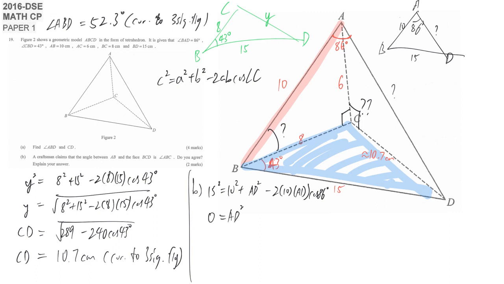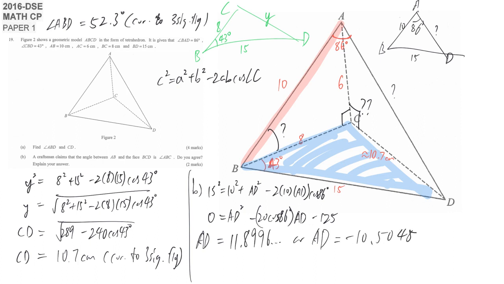Make one side become 0. We tidy up like this, then we just simply use the quadratic formula directly. We get AD is equal to 11.8996, or AD is equal to negative 10.5045 something. Of course, this is rejected.